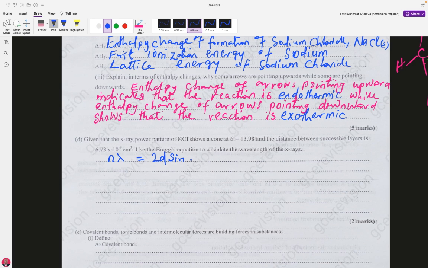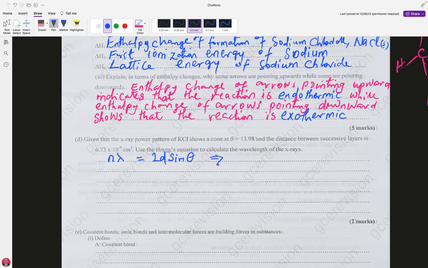We have been asked to calculate the wavelength, lambda.